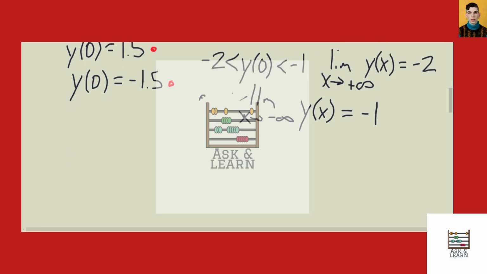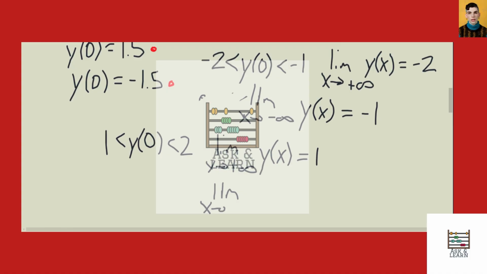And we see that if, like in our first graph, 1 is strictly less than y0, strictly less than 2, the limit as x approaches positive infinity of y of x is equal to 1, and the limit as x approaches negative infinity of y of x is equal to 2.